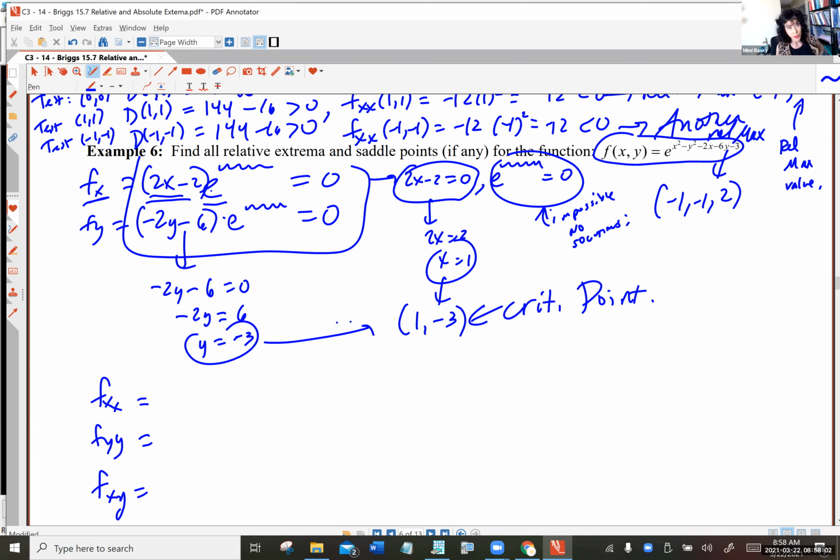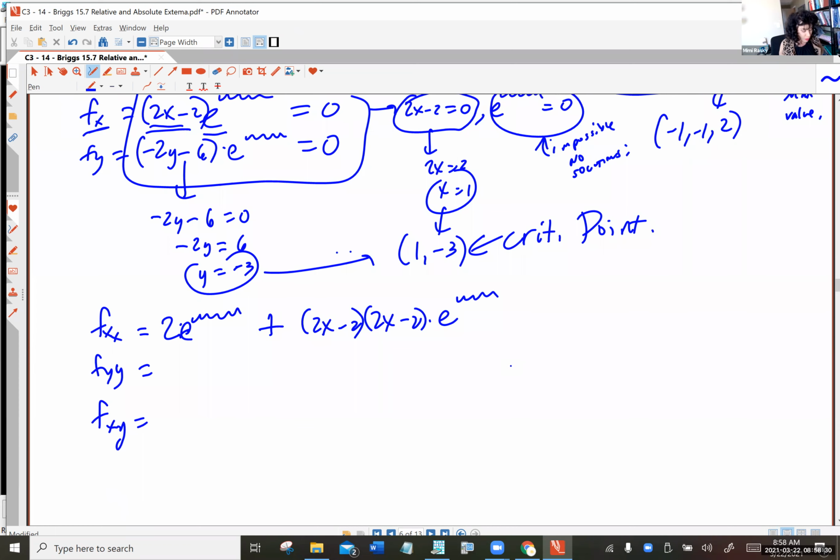So applying the product rule to get fxx, I have the derivative of 2x minus 2 with respect to x, which is 2, times the exponential e to the blah, blah, blah, plus 2x minus 2 multiplied by the derivative of that exponential. But we already know the derivative of that exponential with respect to x because we did it before. It's 2x minus 2 times e to the blah, blah, blah. There we go. That's fxx.